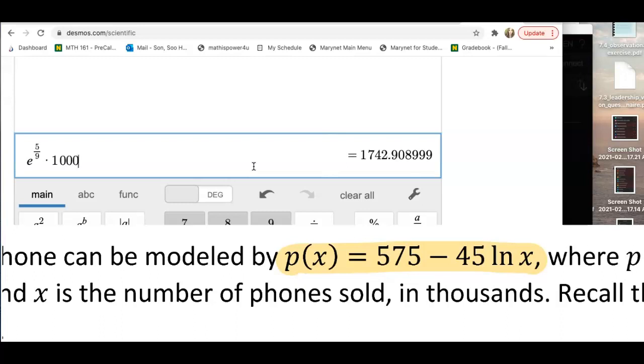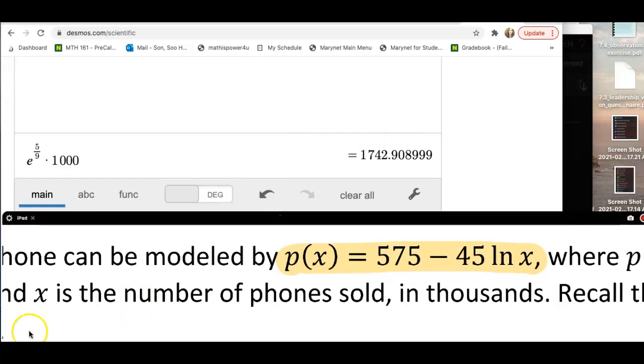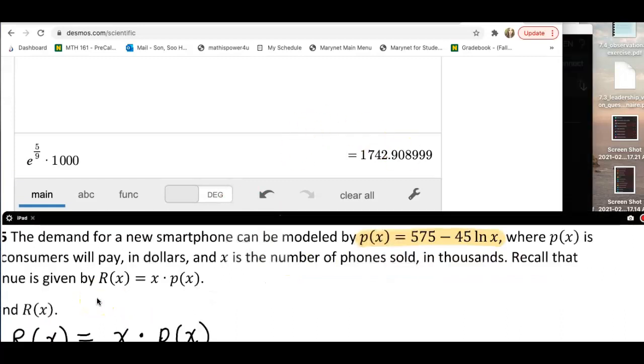So my answer is this. We're talking about phones here, so it makes sense to round to the nearest whole number. I wonder though, should we round down? Will you count 0.9, like 90% of a device, to be a phone? Maybe I shouldn't. Whoopsie! I dropped my Apple Pencil. Hold on, let me go grab it. Dilemma now, should I round up?